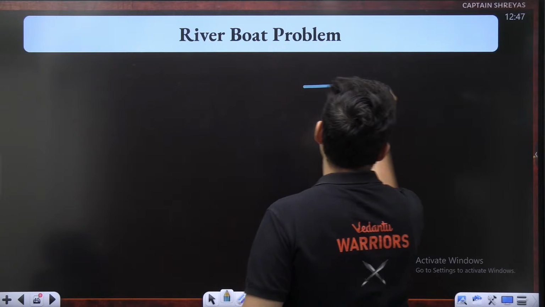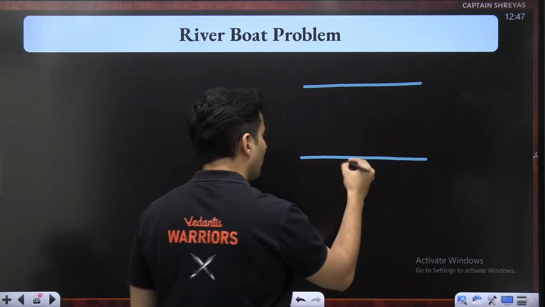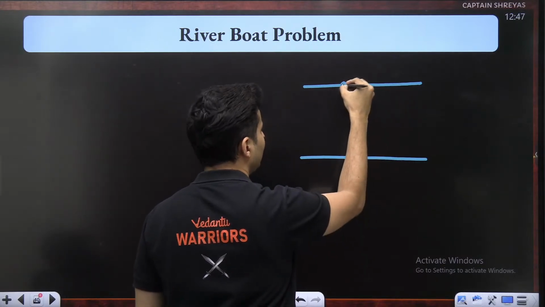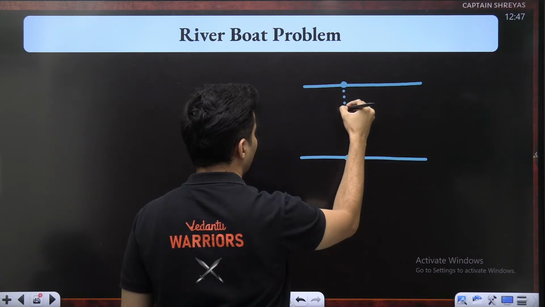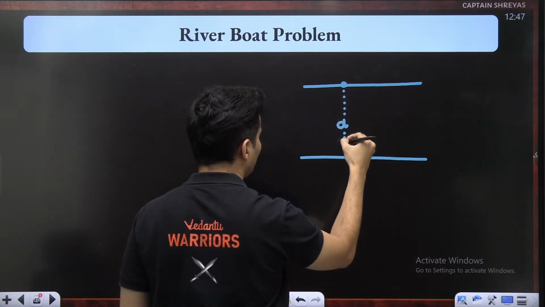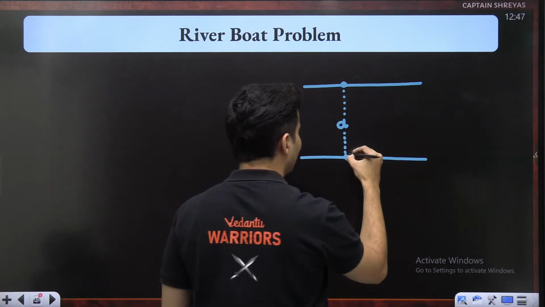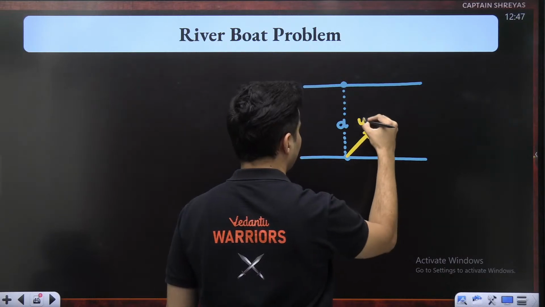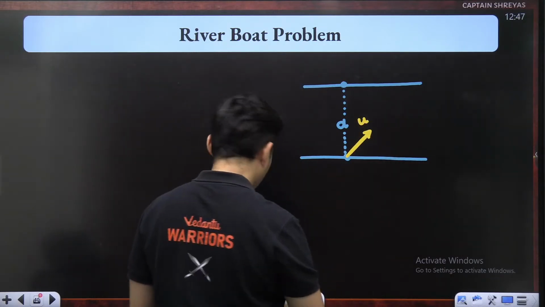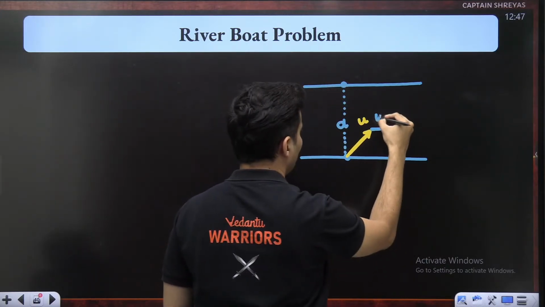See, you will be generally given the banks of the river. You will be probably starting from a point, and this will be the opposite point. Maybe the distance between the banks of the river might be usually given to you. And then it might be given to you that the swimmer makes his strokes like this, and the river pulls him like this, with w velocity.